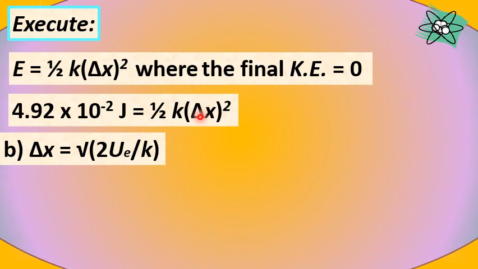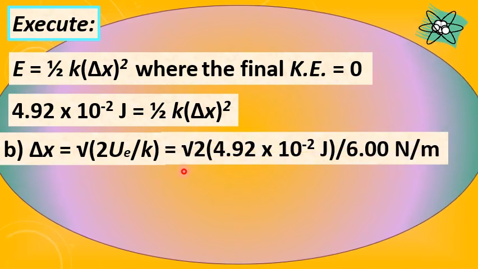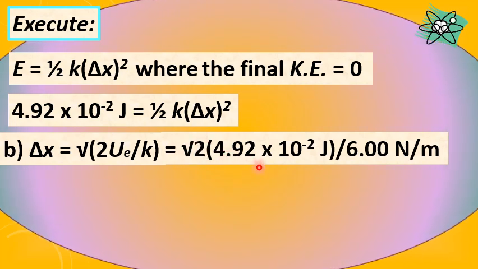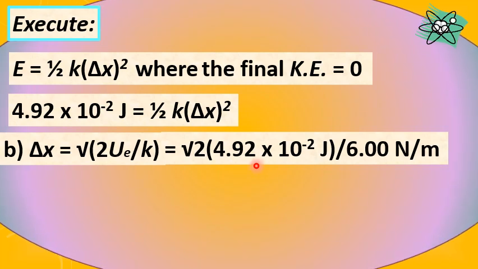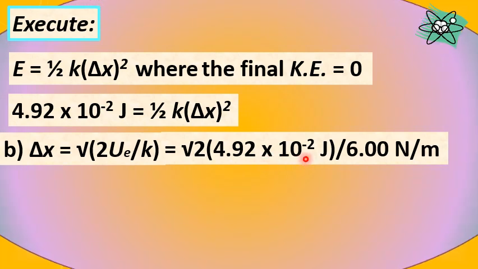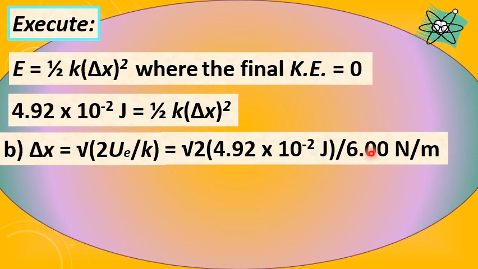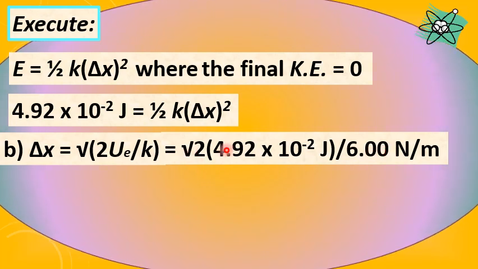When you isolate delta X, this is what comes out. So when we substitute, we have delta X equals square root of 2 times 4.92 raised to the negative 2 power joules, divided by 6.00 Newton per meter. Take note, all these quantities are inside the radical sign.